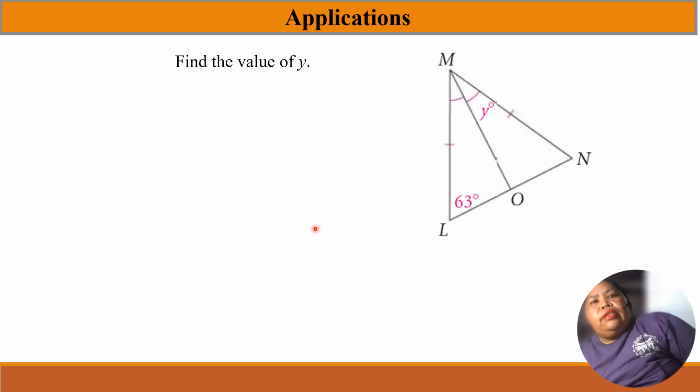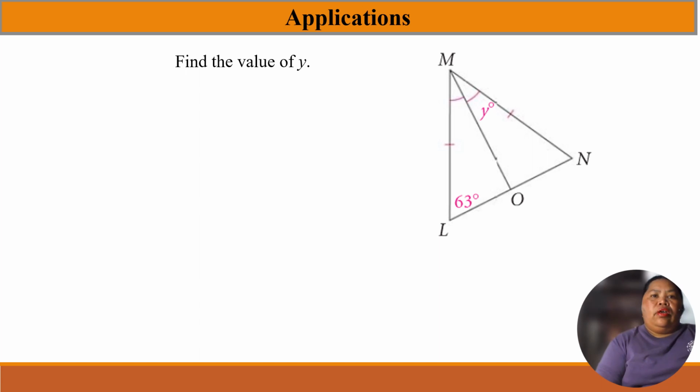Okay, so let's have some application here. Let's solve for y. Since we have a single y here, and this is a bisector, that means we produce y plus another y.